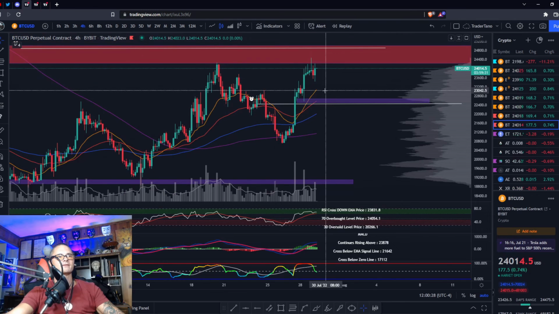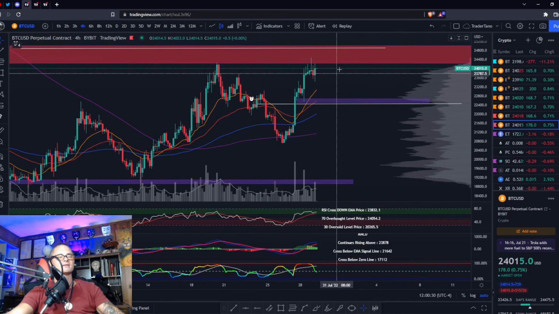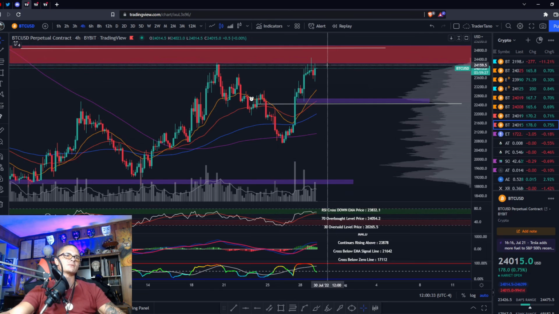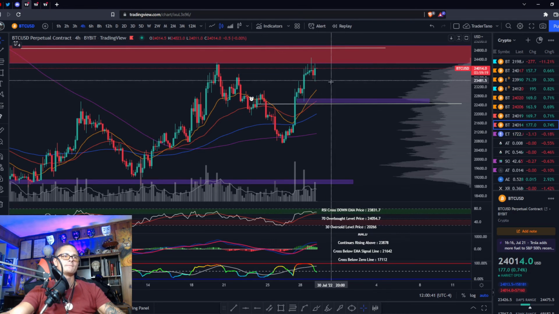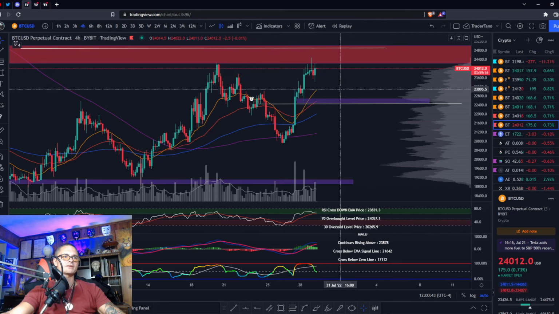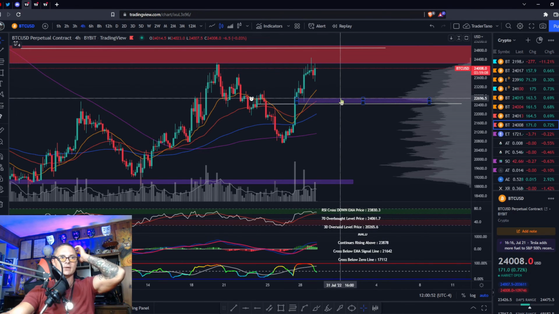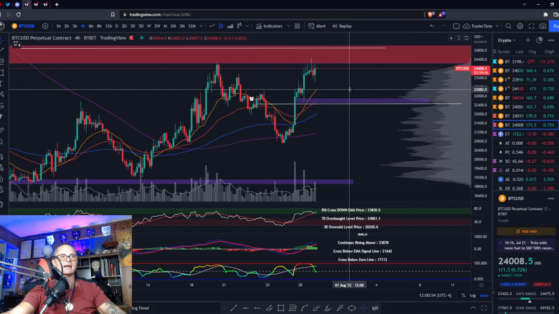All right, so what I think, this is either what's going to happen. Either we're going to break this red zone on a closure. If we can do that, 25K quickly, possibly even 26. All right. Now, we could always have a pullback down to this 21 and still be in really good shape at the $23,000 mark. Like I said, we could even get a wick down here, but honestly, I think the 21 would probably hold.